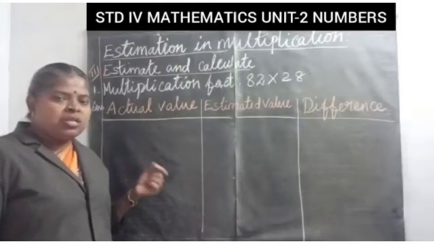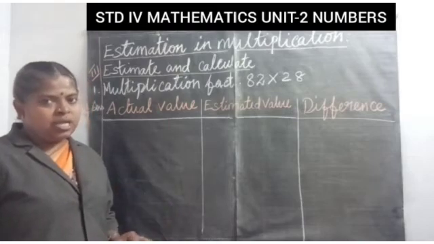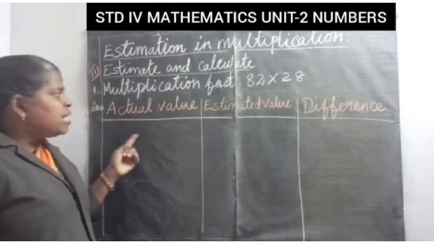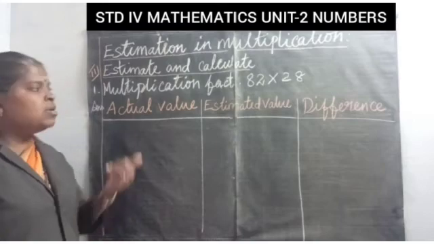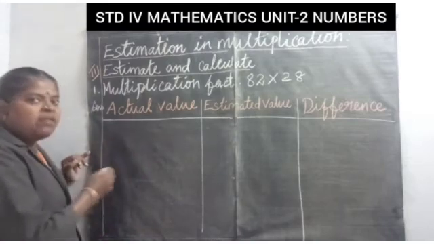Next, estimation in multiplication. Now we can estimate and calculate. Multiplication fact: 82 into 28. So first we can do the actual value.